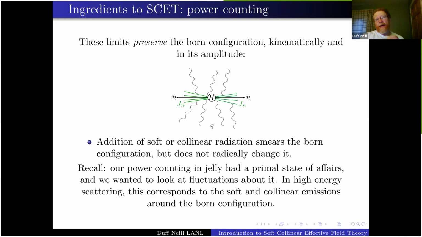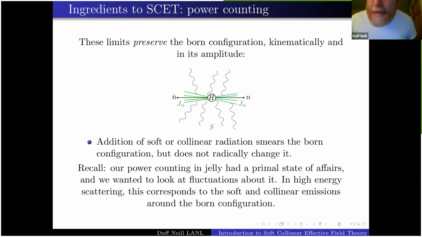And if I take a collinear parton and I let it brim off something soft, it's not going to move much. There's not going to be a lot of recoil in the momentum. And so I can take my 2-jet configuration and I can start adding softer collinear radiation to it. And yes, I'll smear out that Born configuration as I sort of schematically shown in this picture, but I'm not going to radically change it.